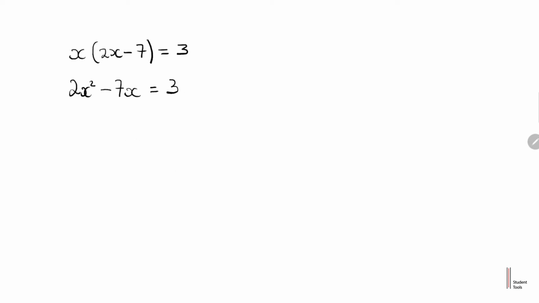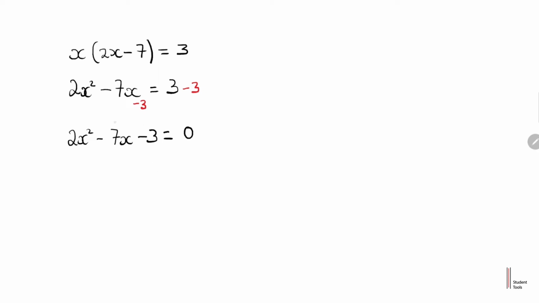So we will do that by subtracting 3 over here, and also subtracting 3 on the other side of the equal sign. So now we have 2x squared minus 7x minus 3 equal to 3 minus 3, that is 0. So to solve for x in this case, the next step would be to factorize this.